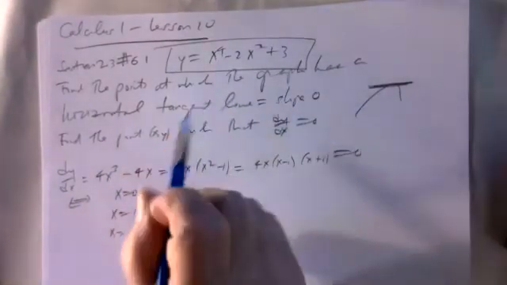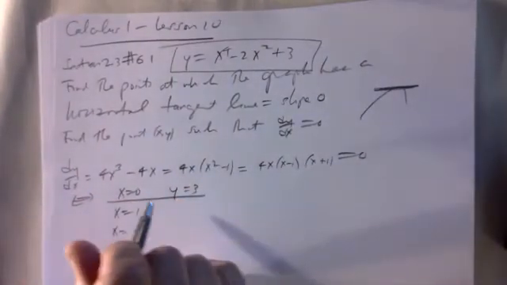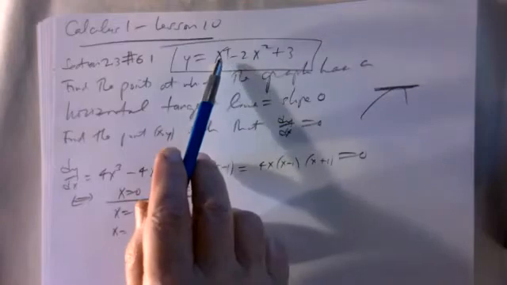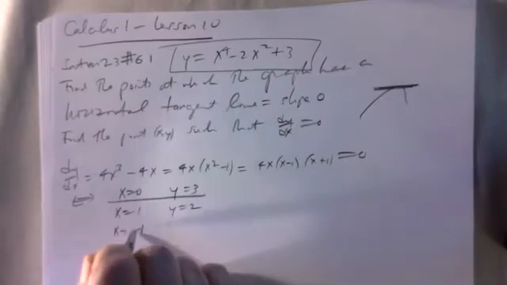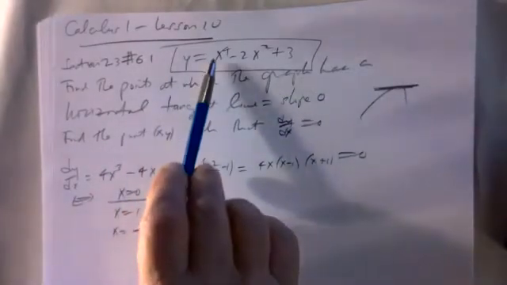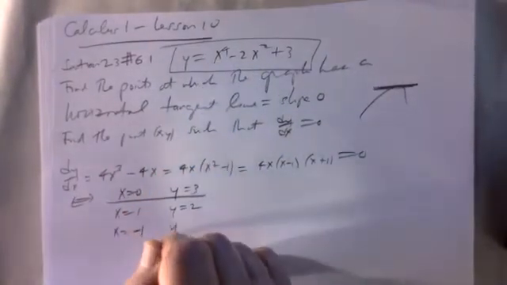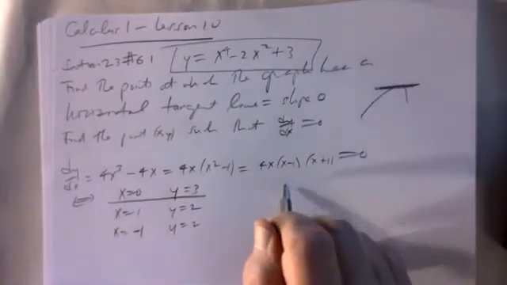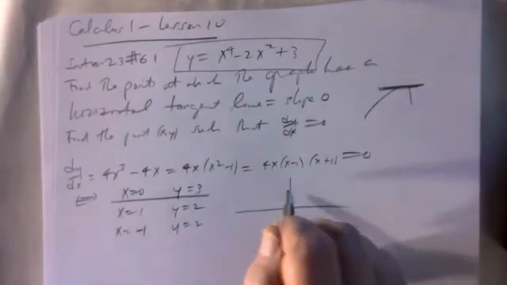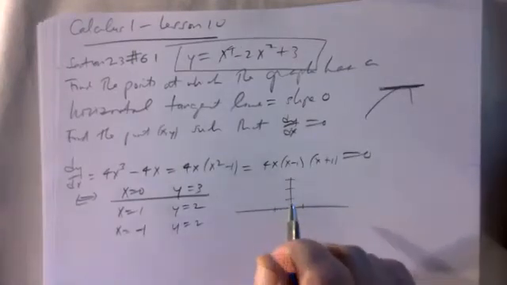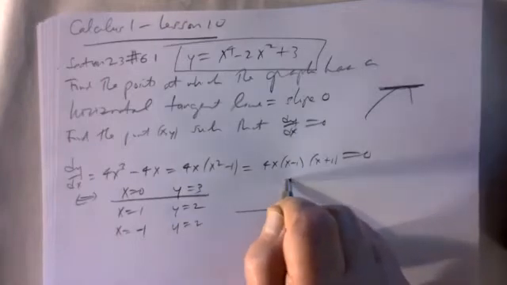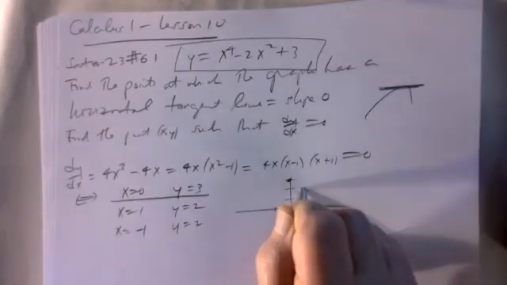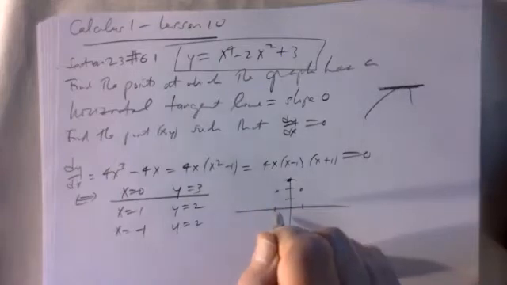And when x equals 0, y is equal to 3. When x equals 1, you get 1 minus 2 plus 3, y is equal to 2. When x is minus 1, you get 1 plus 3 minus 2, you get y equal to 2 again. So on the graph of this function, you have a horizontal tangent line at the points (0, 3), (1, 2), and (-1, 2).